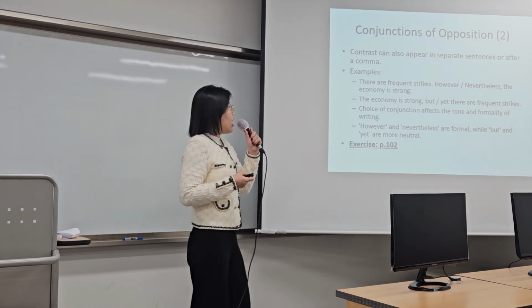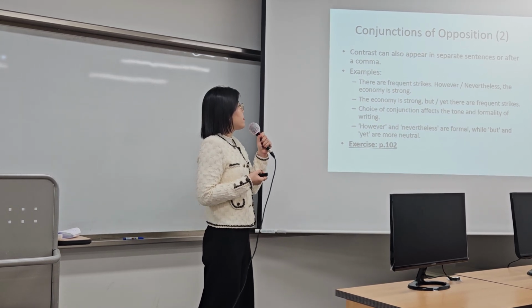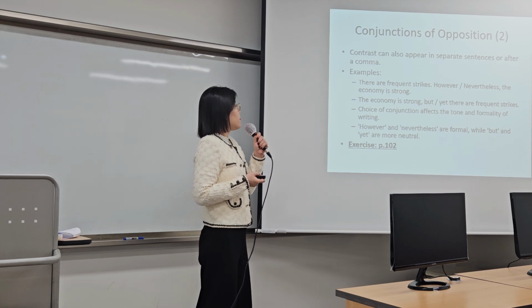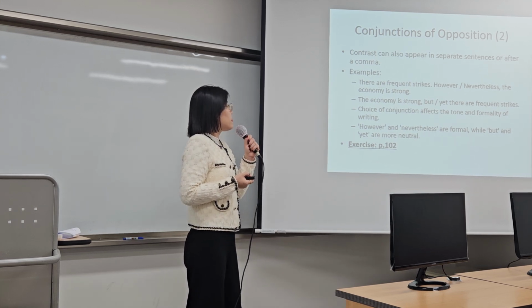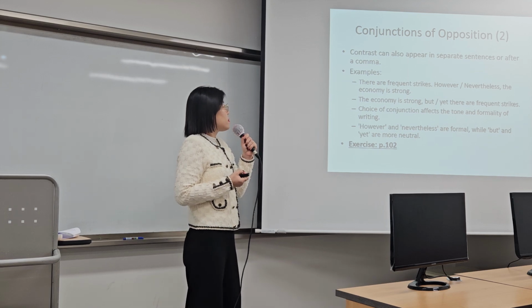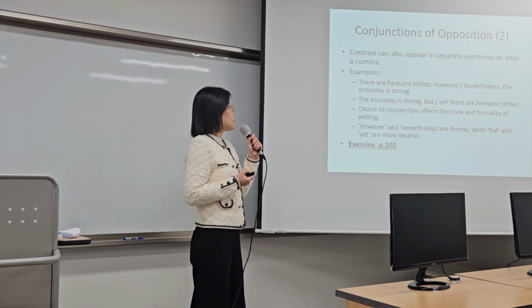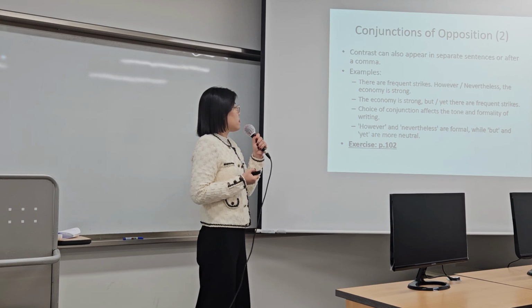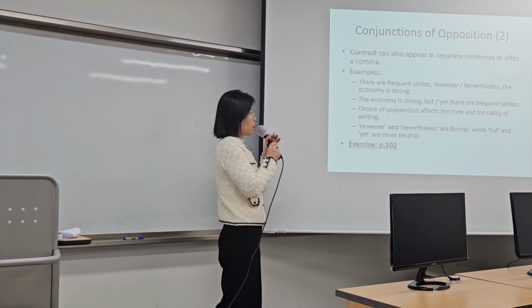The last slide, conjunctions of opposition. Contrast can also appear in separate sentences or after a comma. Examples: there are frequent strikes; however, nevertheless, the economy is strong. The economy is strong, but yet there are frequent strikes. Choice of conjunction affects the tone and formality of writing. However and nevertheless are formal, while but and yet are more neutral.